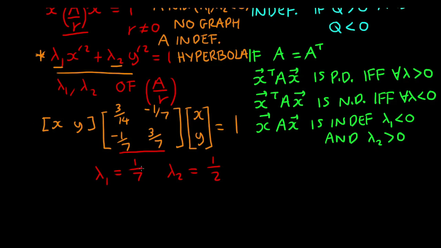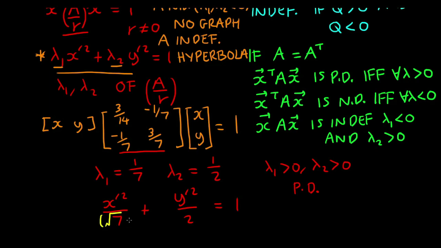And because the eigenvalues are both greater than 0, then our matrix is positive definite. And therefore our equation here, lambda 1 by x dash squared, so we'd have x dash squared on 7 plus lambda 2, which is a half, by y dash squared, is equal to 1.